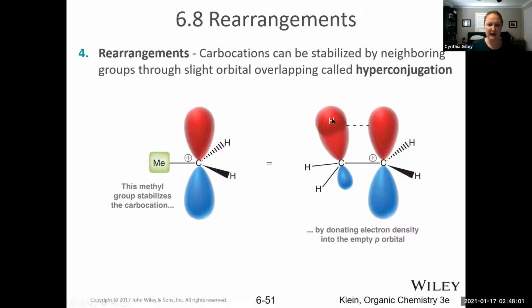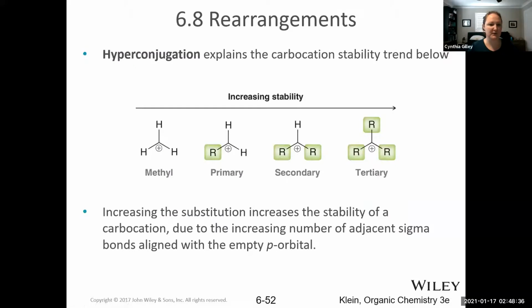So if we have this carbon-hydrogen bond with electrons in it, since it's already overlapping with the p orbital, it's possible for the hydrogen and the 2 electrons in the bond to just jump right over to the p orbital, leaving this carbon electron deficient. Because they're already overlapping and aligned, it makes sense that the electrons, instead of being associated with this carbon, could shift over to an adjacent carbon. And that's what's happening in a hydride shift.